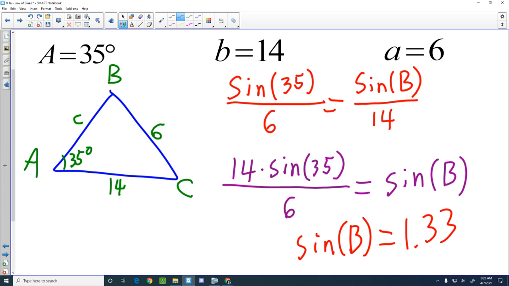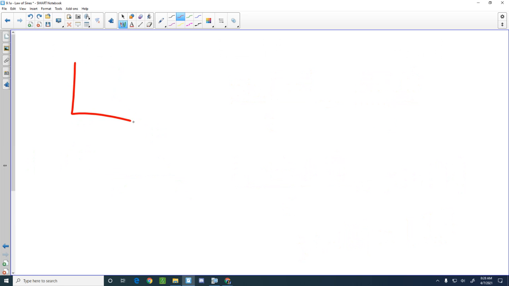This would be that ambiguous case that I told you about on the previous slide. So sine and cosine, like when you're taking the sine or the cosine of an angle, if you think about it in terms of a right triangle, and you don't need to write this down, this is just for your own knowledge.